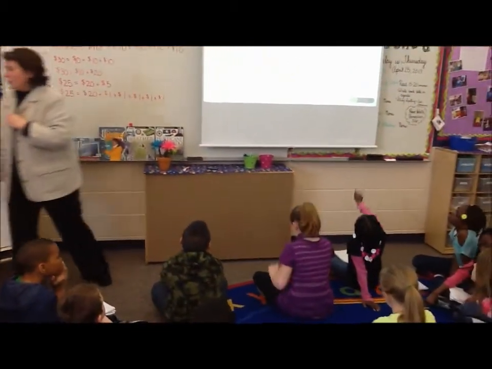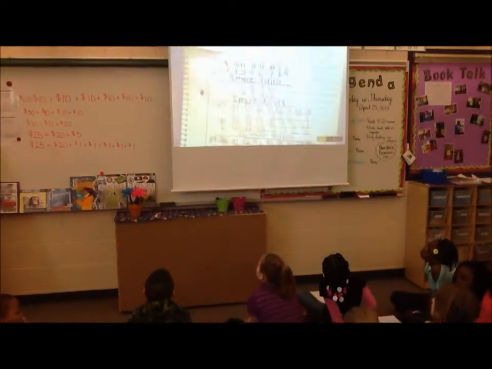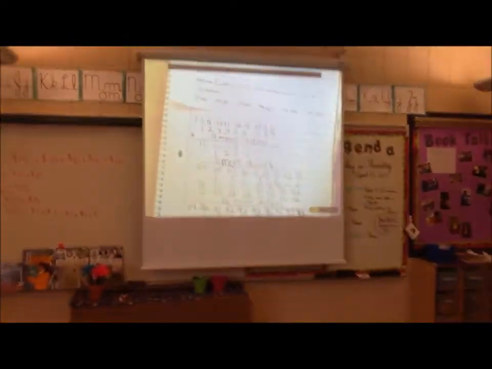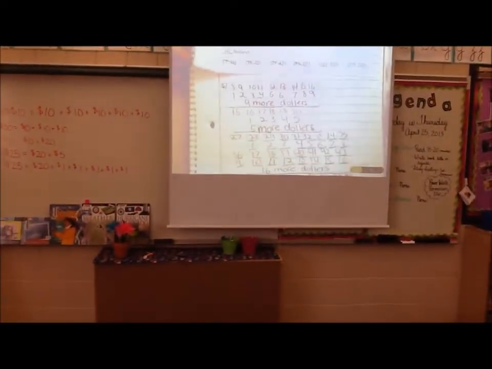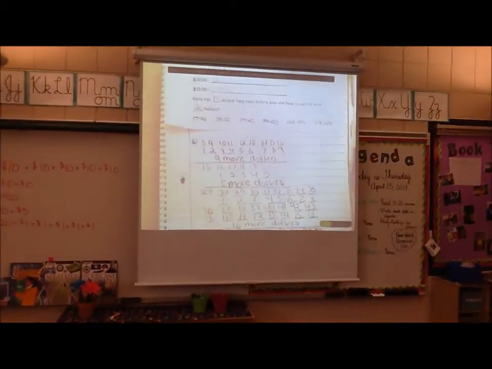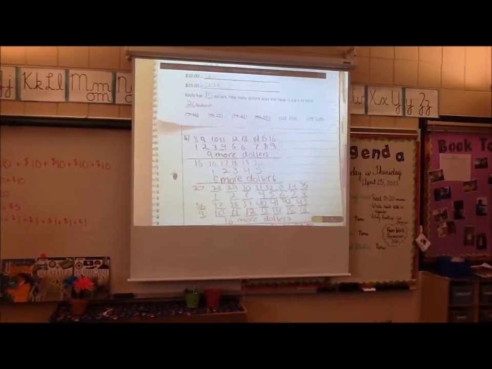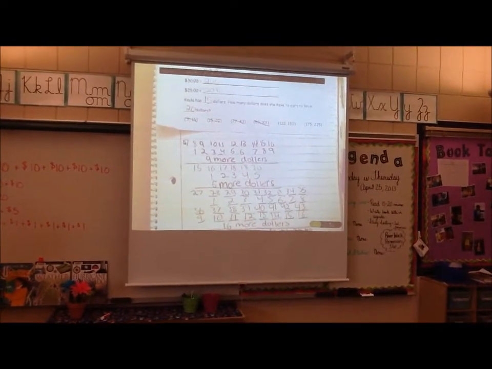Okay. Let me show you a different way to solve that problem. This is what Devontae did. Who can explain what he did for that same 7 and 16? We're talking about different ways to show our work and different strategies.